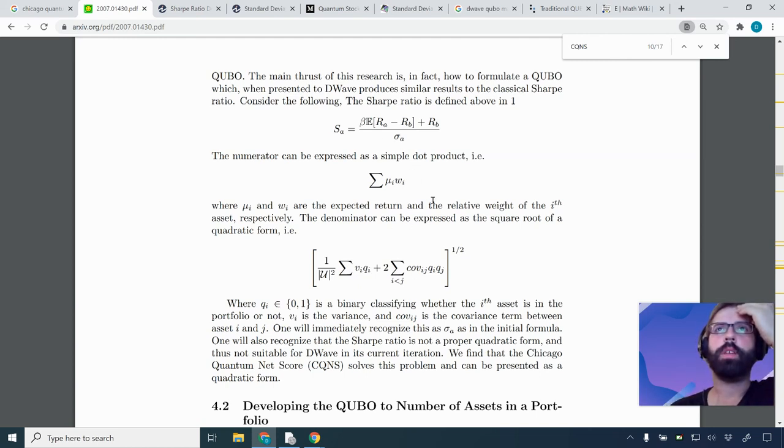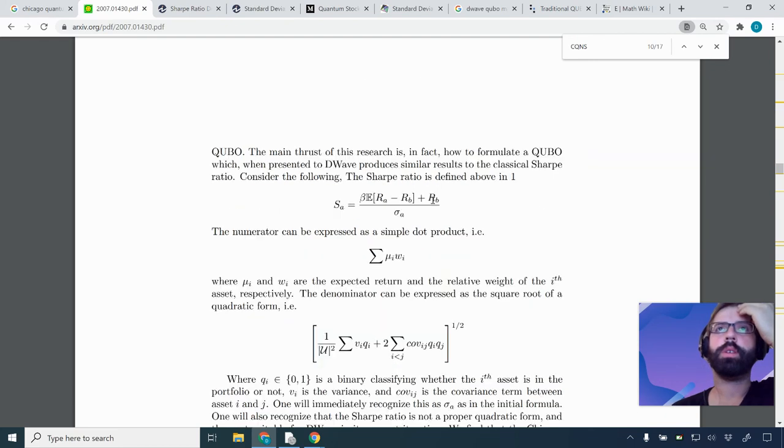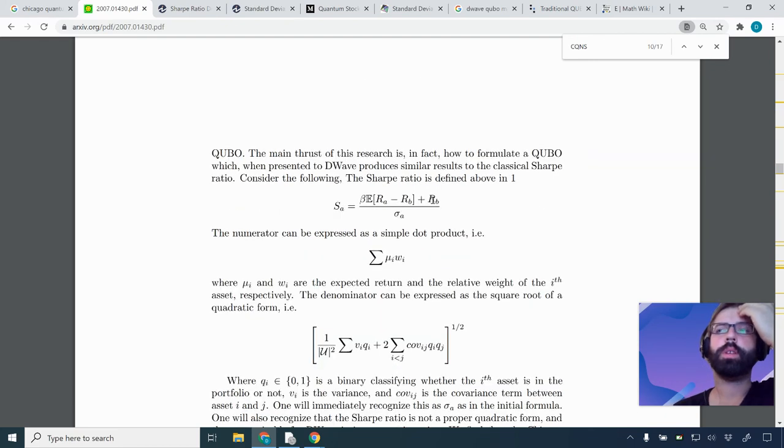So it was a standard deviation, and it was the volatility, right? Of your whole portfolio. Yeah, okay. So you want a portfolio that's not really volatile.